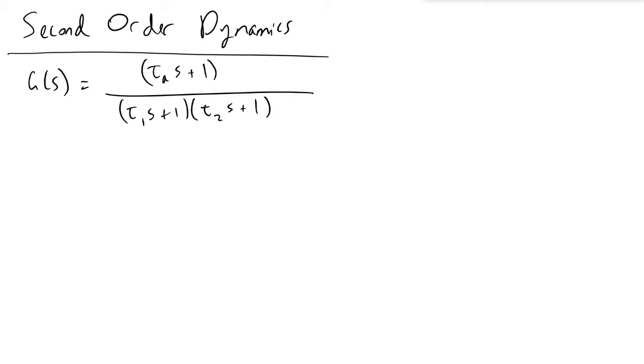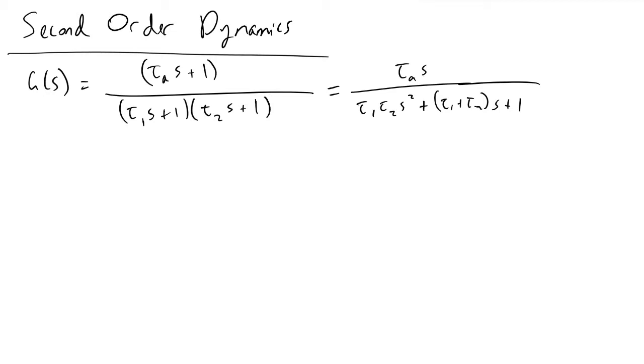And so the first thing we're going to do is distribute our denominator of this equation to realize we'll have tau 1 tau 2 s squared plus (tau 1 plus tau 2) times s plus 1, and we're going to divide it by the numerator, or the numerator will go on the top, tau a s plus 1.